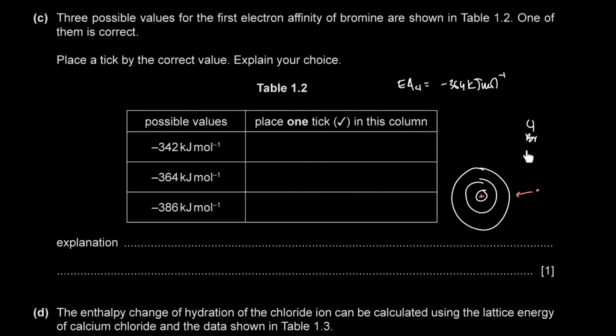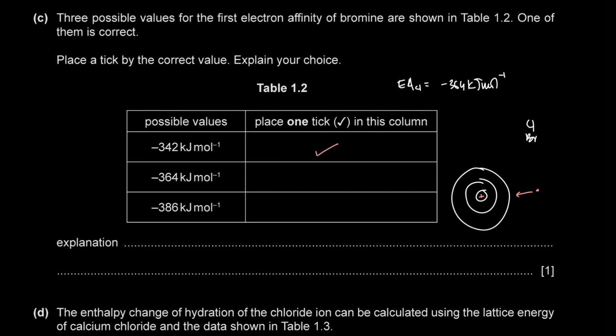And because there's a relatively weaker nuclear attraction, the process is less exothermic. The first electron affinity of bromine will be less exothermic because less energy will be released as a weaker attraction would form. So we can say that it will be less exothermic than the first electron affinity of chlorine.